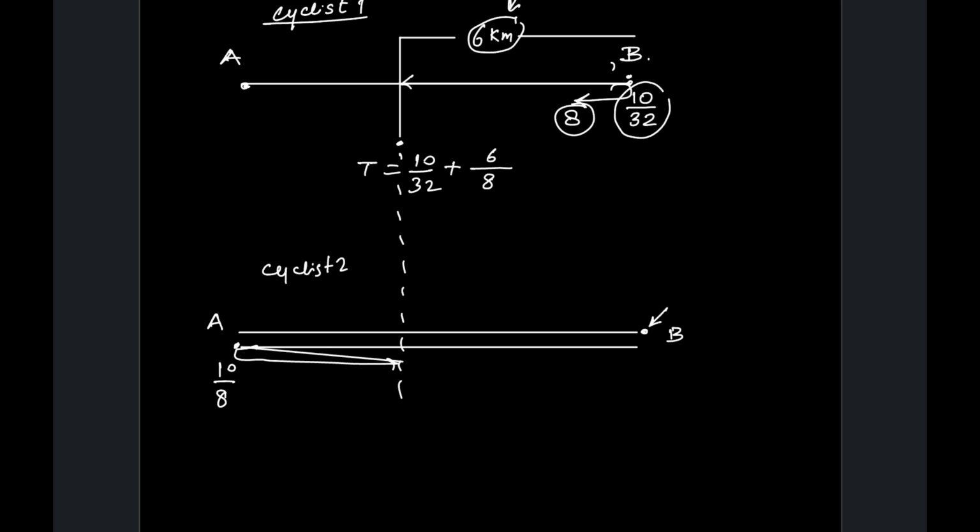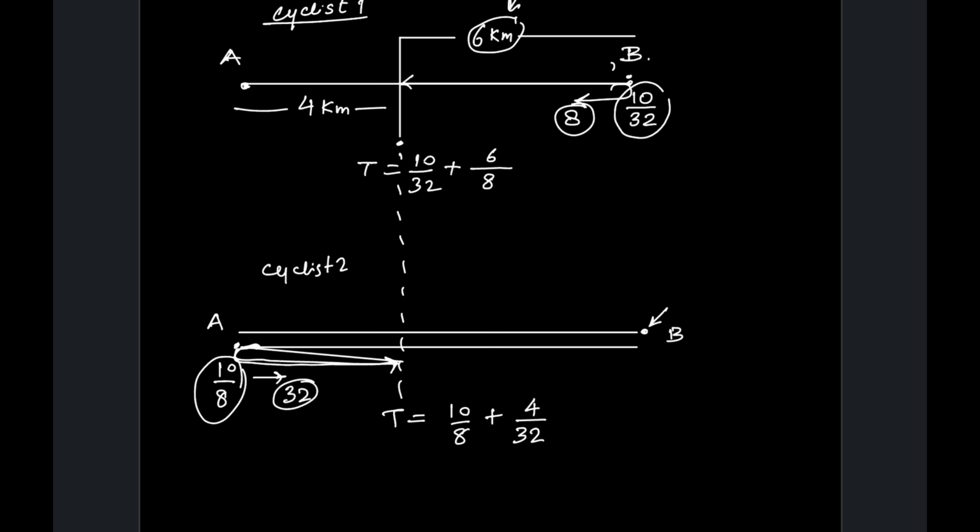If this is 6 kilometer, this will be 4 kilometer. So cyclist 2 will return 4 kilometer and reach the same position. And now for cyclist 2, total time will be 10 by 8 plus, while returning for 4 kilometer, cyclist 2 will now have speed 32. So these are the two times, and call these times T1 and T2.